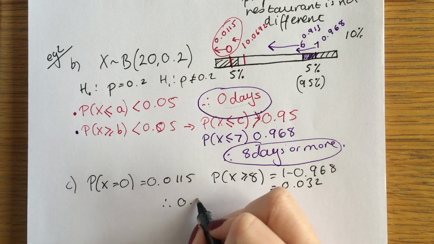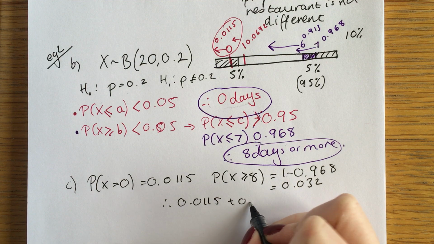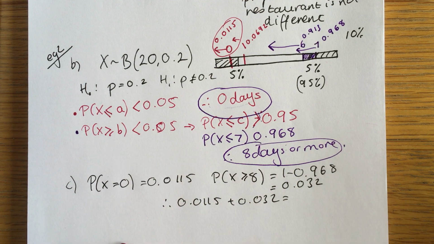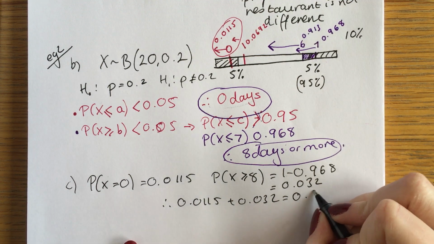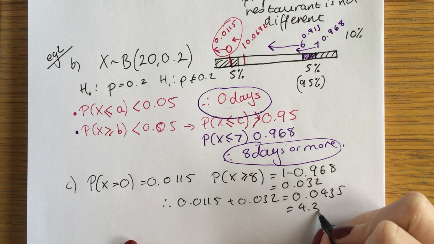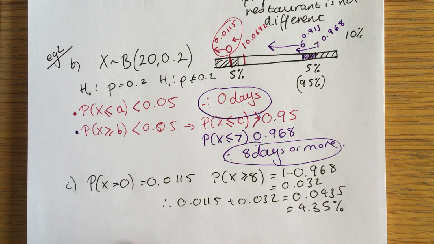So therefore the significance is the sum of those added together and turned into a percentage. So 0.0435, which is 4.35%. So that is the actual significance.